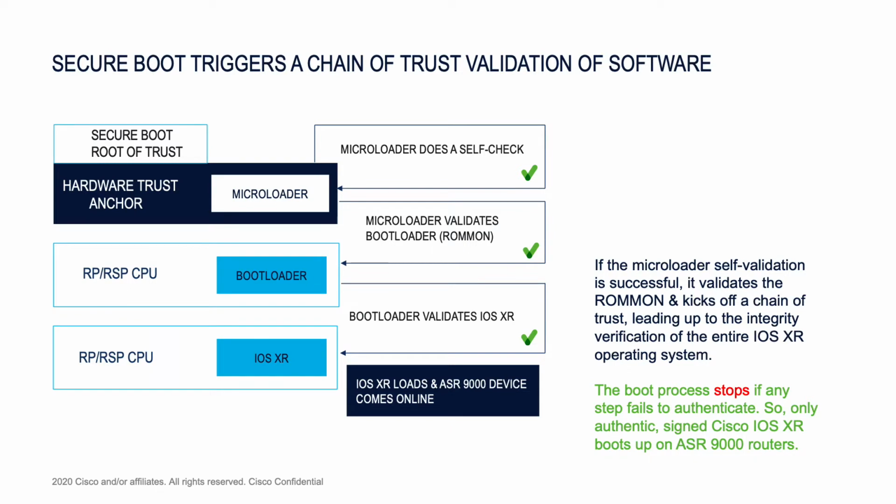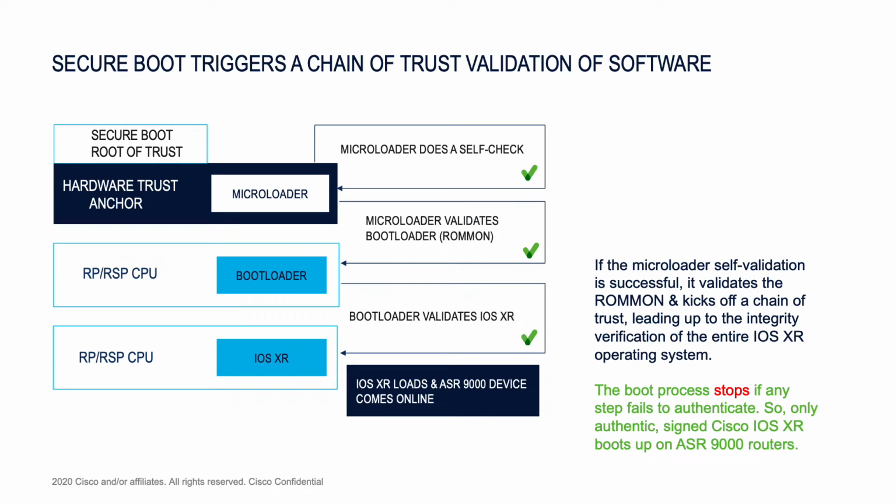Now, if the microloader's self-validation is successful, it validates the next step in the secure boot process, which is the ROMMON or the bootloader. Next, the bootloader validates the IOS XR image, and if the IOS XR image is also found to be trustworthy, authentic, untampered with, then and only then the IOS XR image boots up on the ASR 9000 router.